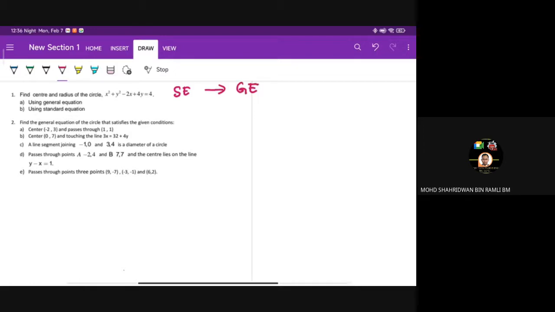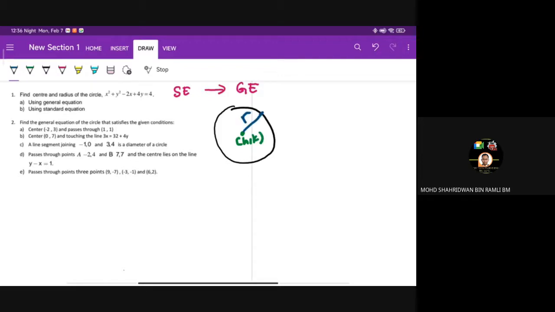I really hope that you already watched the video and referred to your notes and already did a bit of revision from this subchapter. As you already know, if you have a circle like this, and that is a center here, (h, k), and then the radius is r here.